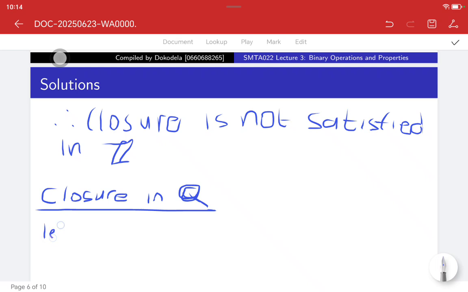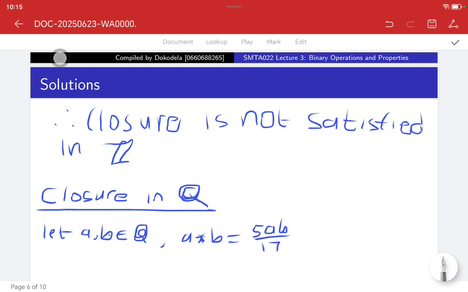So now we're checking closure in Q. We're going to do the same thing. We let A, B be elements of Q. Then we apply A star B, which will be equal to 5AB over 17, and this will always be an element of a rational number.